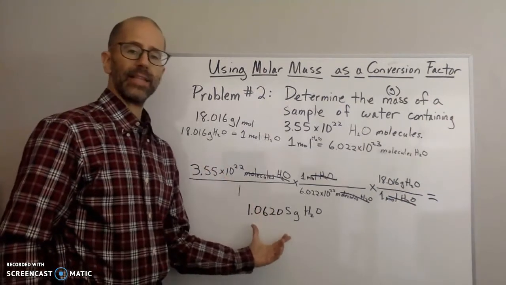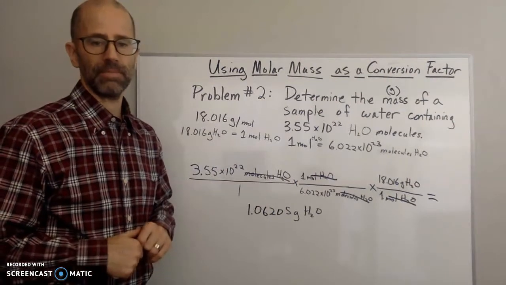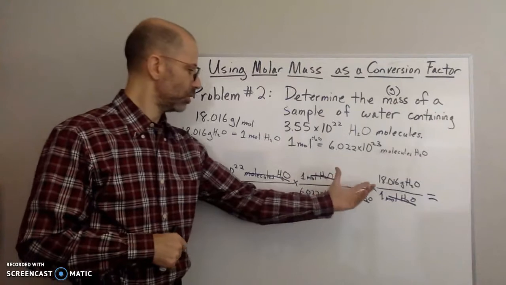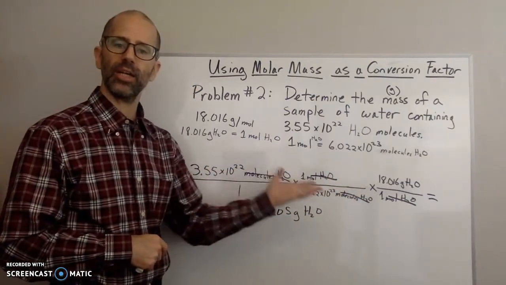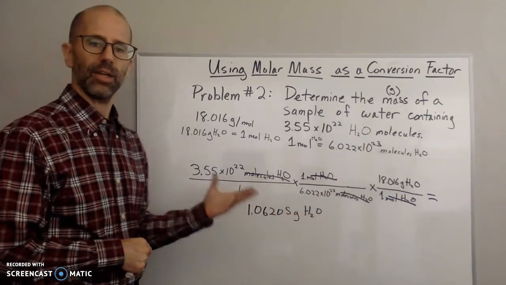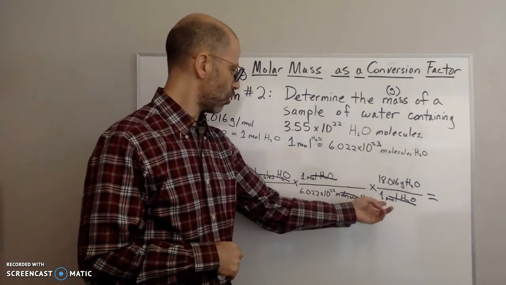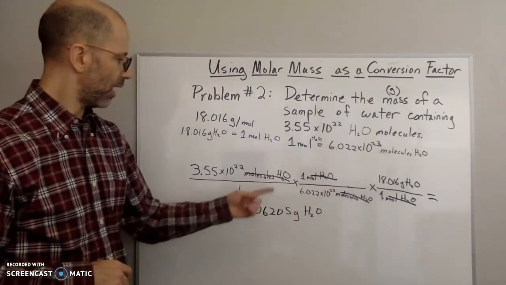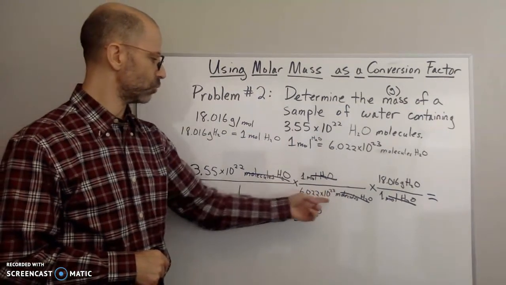So once I get the answer, again, I have to think about significant figures, sig figs. Okay, so I'm not allowed all of this. So I have to go back to the numbers that I multiplied and divided. I got to get rid of anything that's exact and look at whatever is a measure. So do I have anything exact? My molar mass, that is a measure, not exact. My 1 mole is equal to 6.022 times 10 to the 23rd.